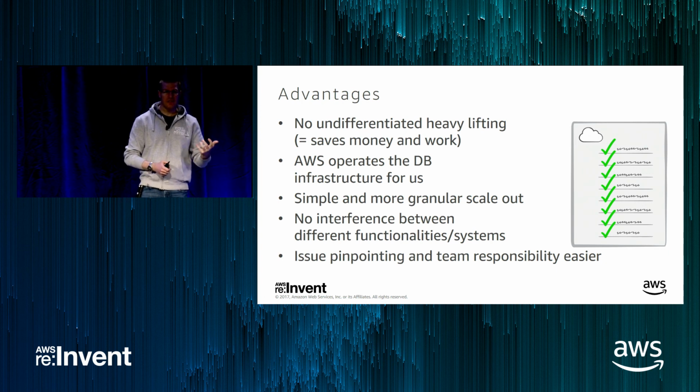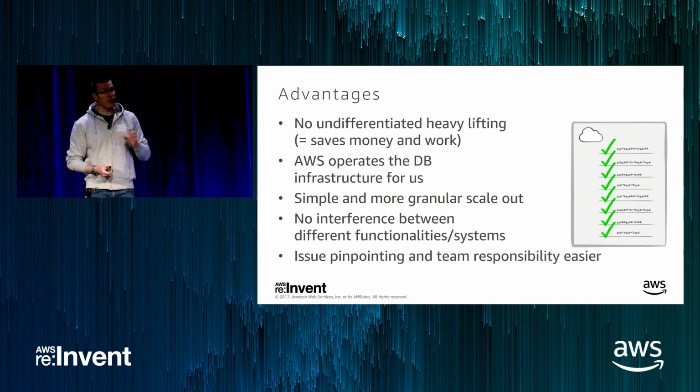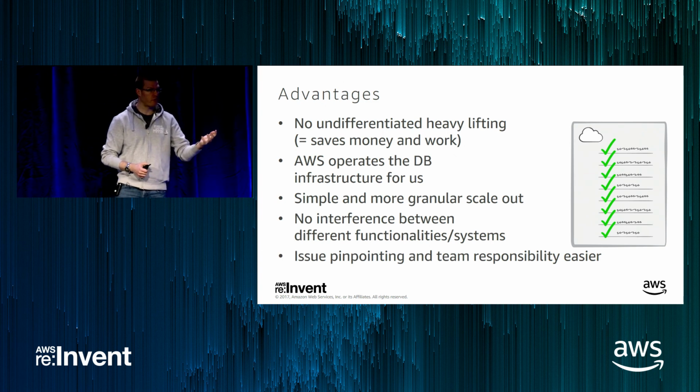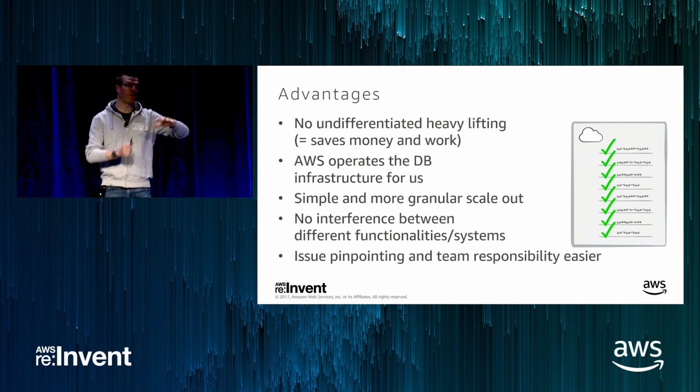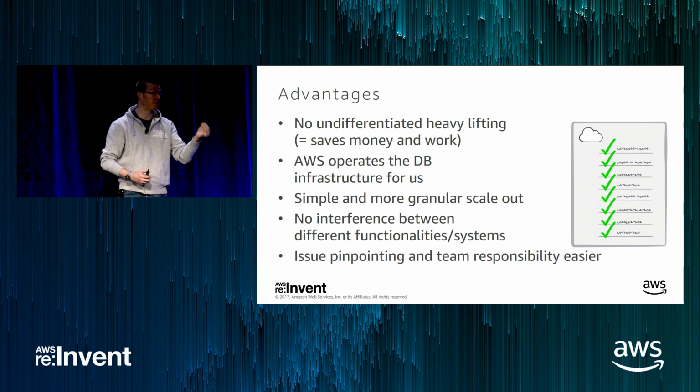And that obviously is a lot more cost effective than if you scale the whole cluster. We have absolutely no interference between the different functionalities and systems now. If something happens with one system, the impact on the whole architecture is a lot smaller now, because everything is its own stack, totally separated from each other.